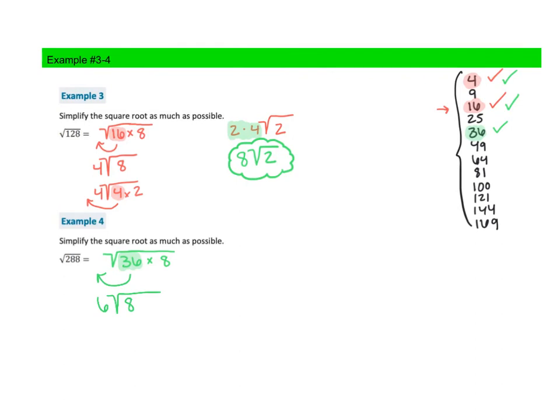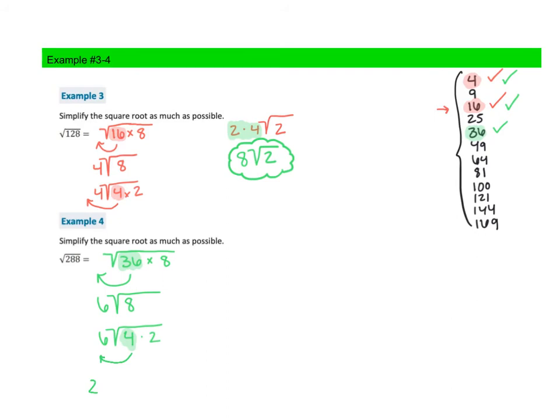Well, can I break down 8 even further? Yeah, I can. The square root of 8 is the same as saying the square root of 4 times 2. From there, can I find the square root of this 4? Yes, and I'm going to move it out. What's the square root of 4? The square root of 4 is 2.